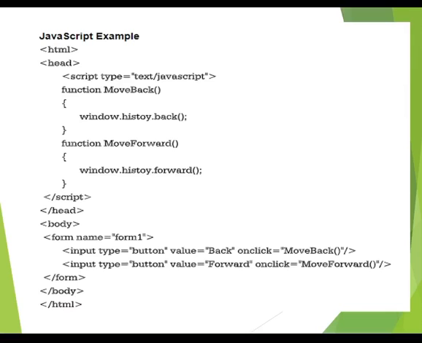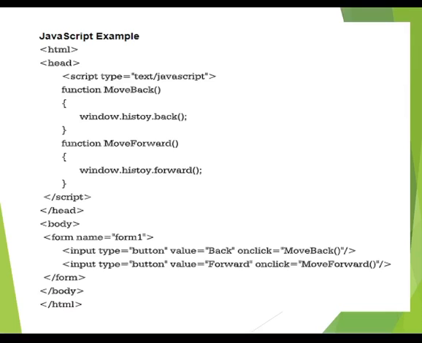Close script tag, close head, open body tag. So form name is equal to form1, input type is equal to button, value of the button is back, that is the text written on the button is back. onclick is equal to, you will call which function, the moveBack function. So when you click on the back button on your form, it will show you the previous page in the history list of your URL.